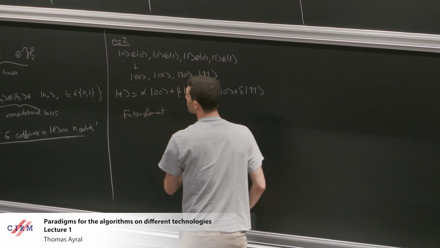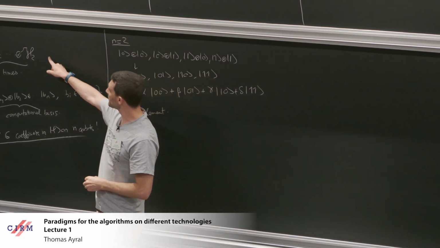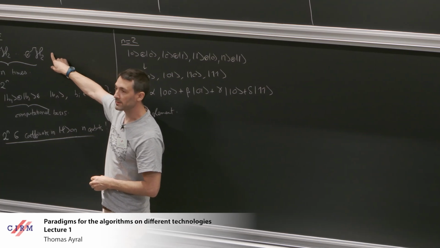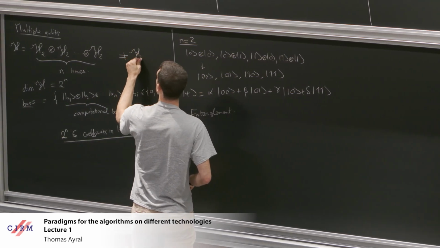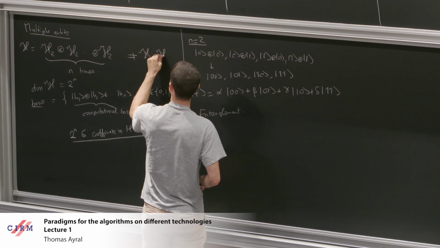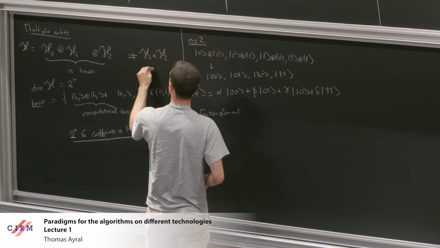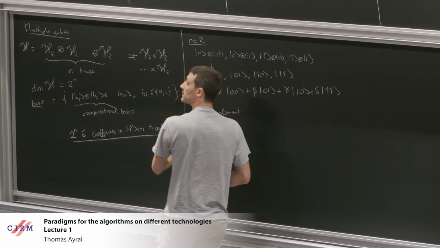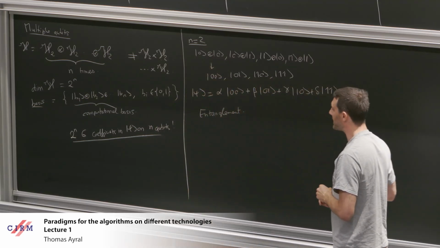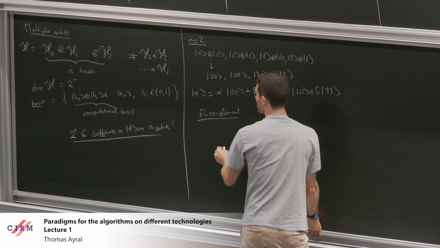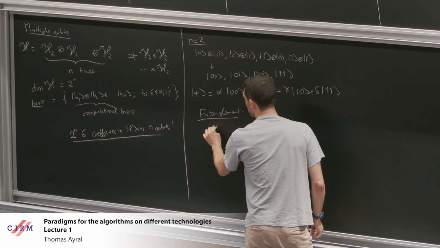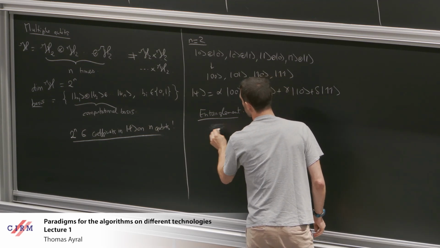Entanglement is essentially the difference between defining a tensor product and a Cartesian product, like Maziar said. So you see here, this is really different from doing H times H. It's a very different mathematical space. Essentially, entanglement is defined by what a non-entangled state, or a factorized state, is.